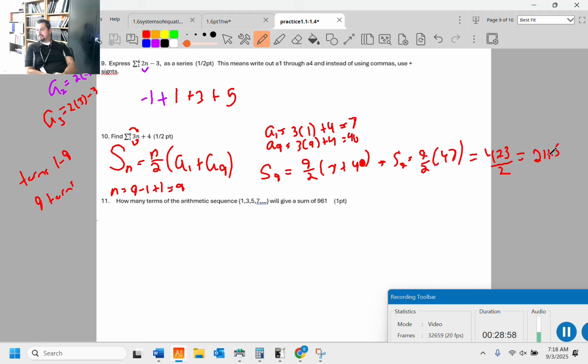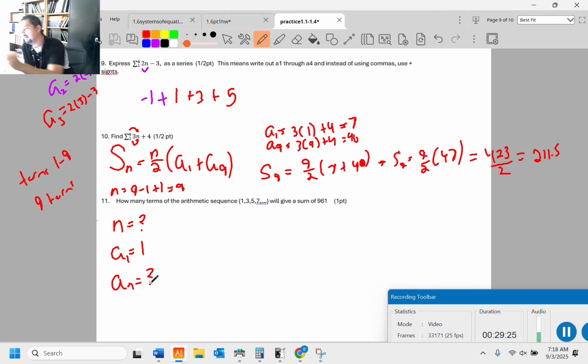Number 11, how many terms of the arithmetic sequence 1, 3, 5, 7 will give a sum of 961? So what we don't know is the last term. Okay, so let's think about Gauss's formula. N, not a clue. First term, got that, it's 1. Last term, not a clue.